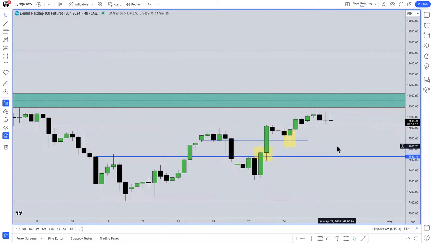All right, so we're on a 4-hour chart. That's all that's necessary on the 4-hour. Everything's the same that we did on the monthly, the weekly, and the daily chart. Now on the 4-hour, we have a little tiny inefficiency between here and here. You're probably thinking, is that really an inefficiency?